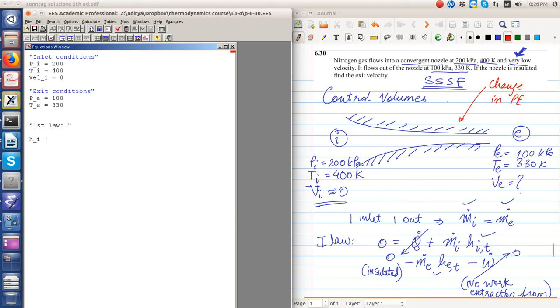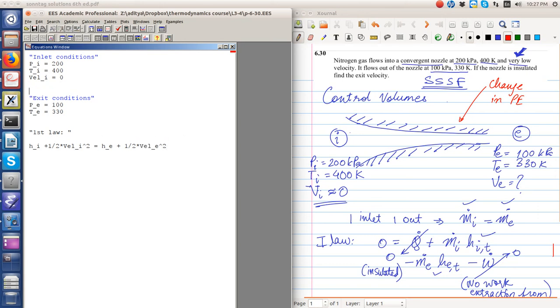hi plus half multiplied by Vi square, which is equal to 0, equals he plus half multiplied by the exit velocity square. Because I have already defined velocity at inlet to be 0, there is no harm in writing this down. This expression should yield us the unknown, which is the exit velocity.